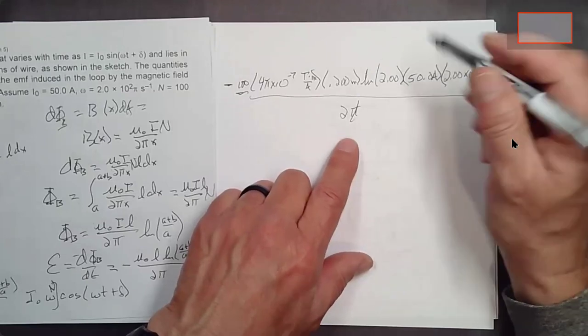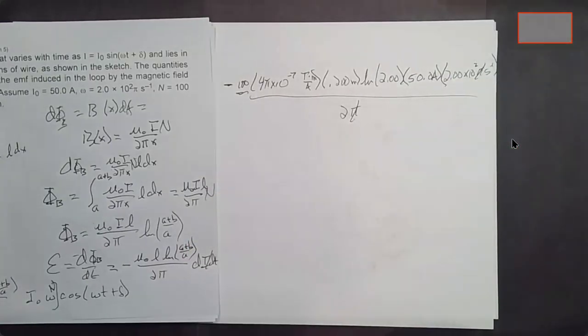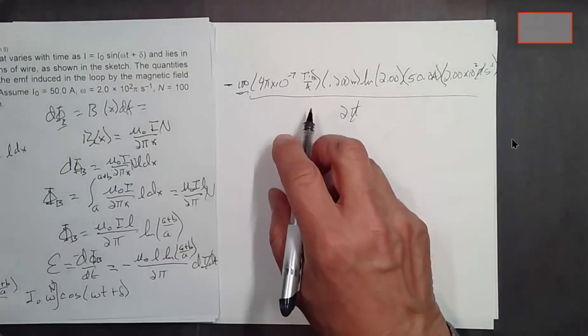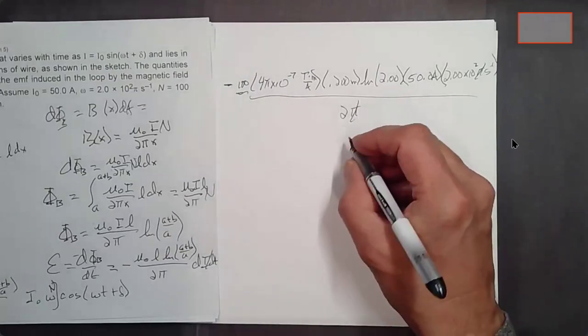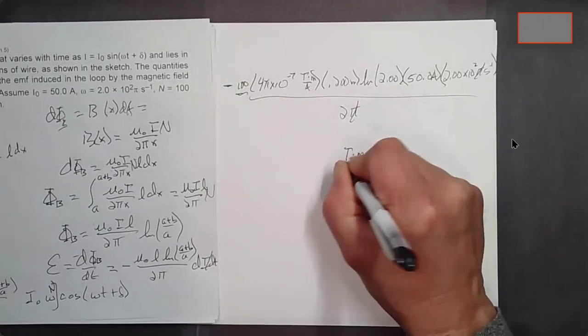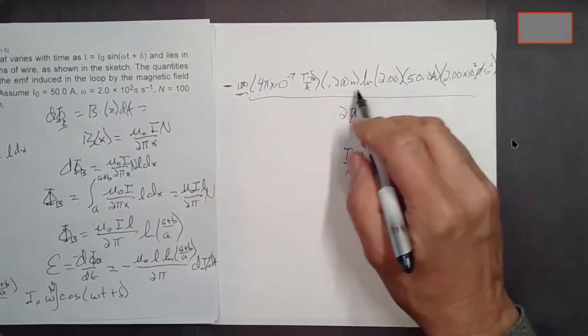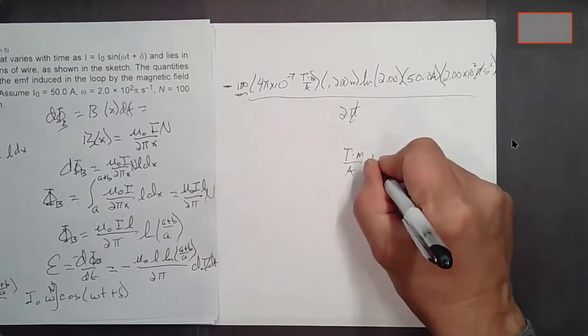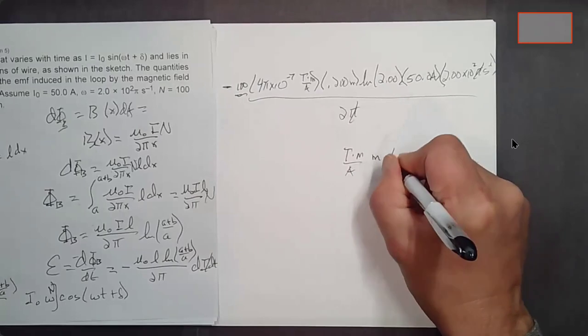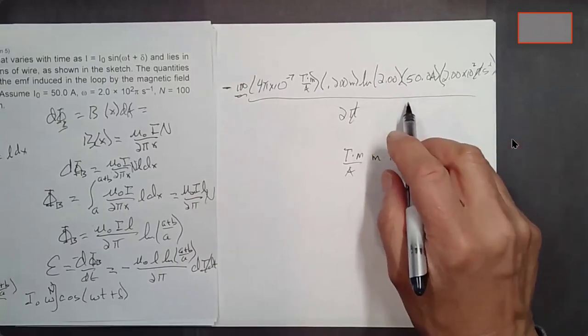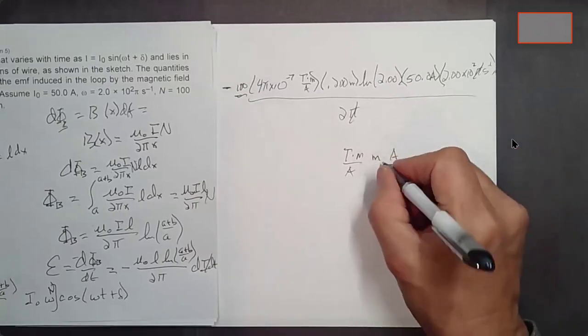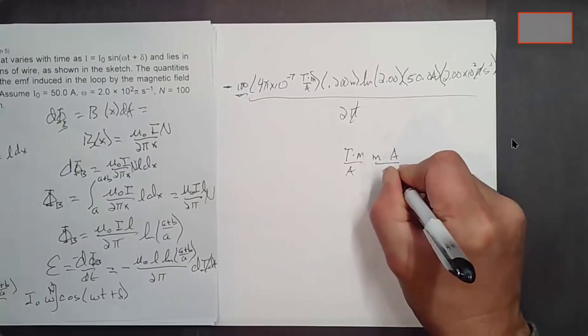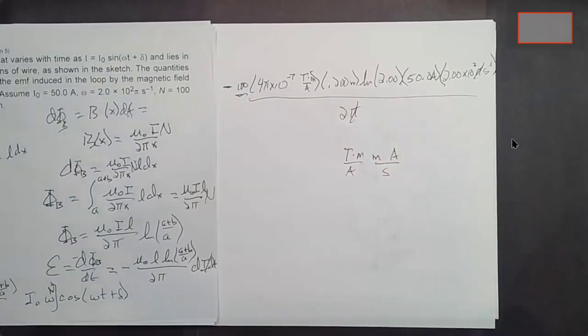I don't know what else we can do. We can just multiply that out. But let's see if it comes out right unit-wise. I'll have Tesla meters per amp. I'll have meters there, and I'll have more amps. And I'll have seconds to the minus 1, which puts them down there.